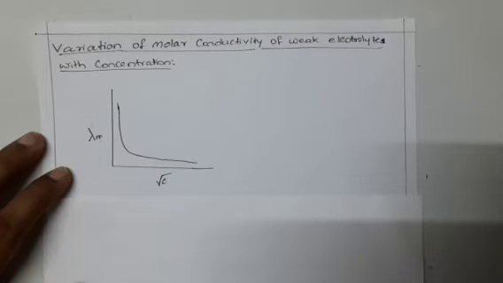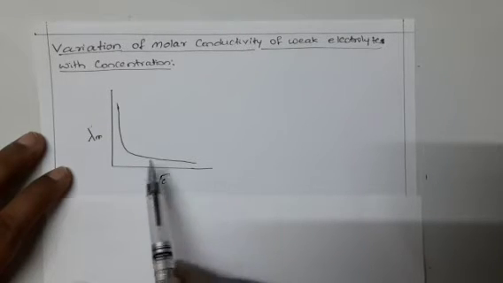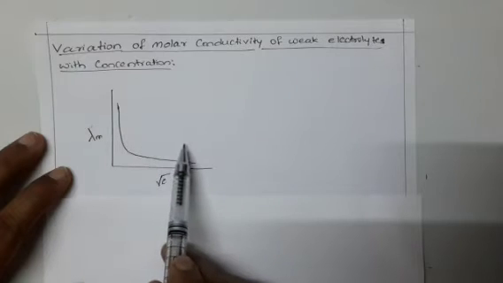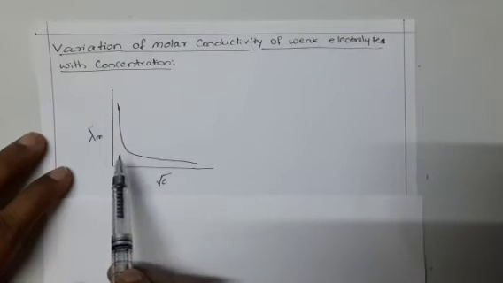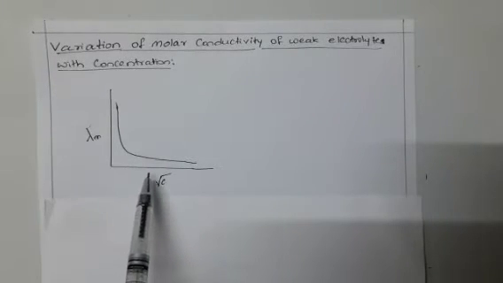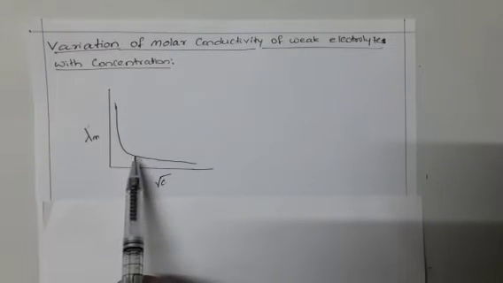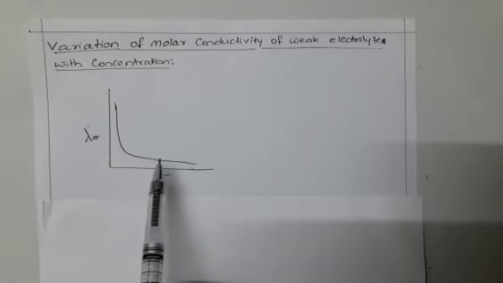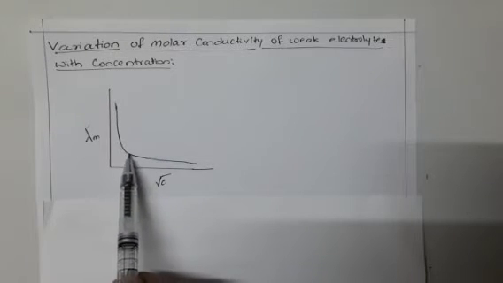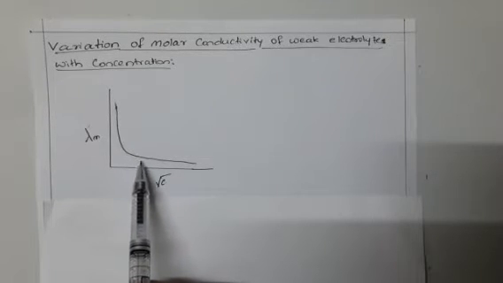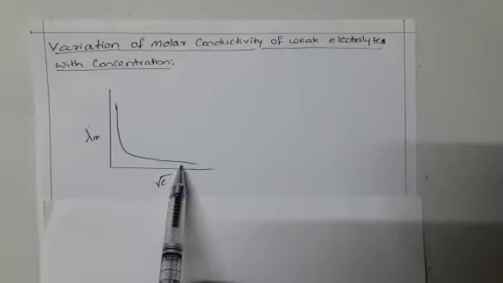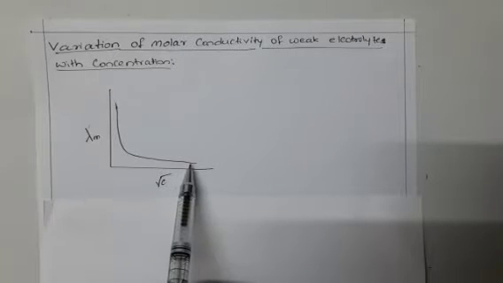Because of this, we are not getting a regular pattern like a straight line. In strong electrolyte we get a straight line, but for weak electrolyte, due to incomplete dissociation, we get a graph like this. So variation is more here, and when concentration increases, conductivity will be less.